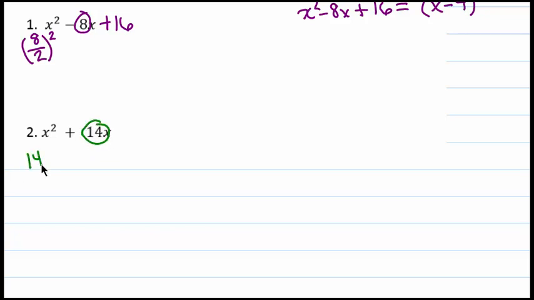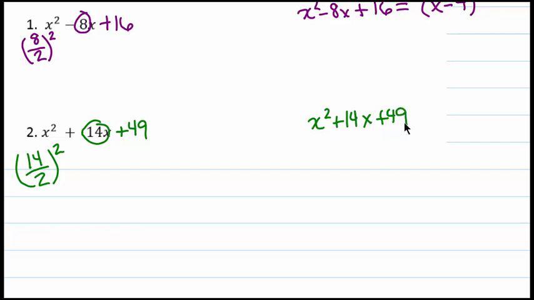So I have 14 divided by 2 and then square it. So 14 divided by 2 is 7. 7 squared is then 49. So 49 is my constant, so therefore my perfect square trinomial is x squared plus 14x plus 49.